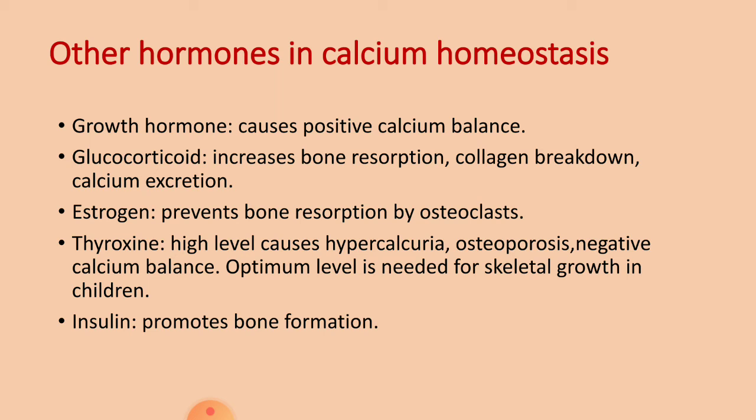Next is insulin. Insulin is the hormone which is required for bone formation, and there is significant bone loss and osteoporosis in untreated diabetes mellitus, wherever there is insulin deficiency.